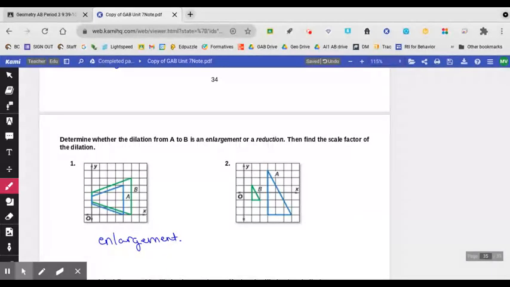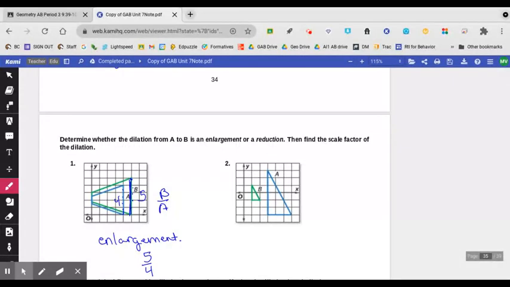Remember, we always want to do the new over the old, so in this case, we're going to do B over A. I'm going to count this part of B, which is 1, 2, 3, 4, 5, and the corresponding part of A, which is 1, 2, 3, 4. So the scale factor is 5 over 4.